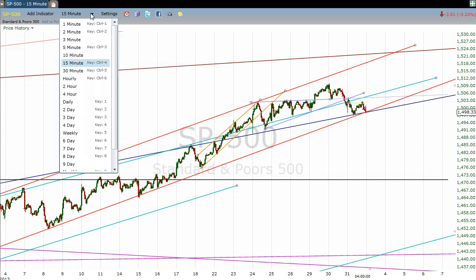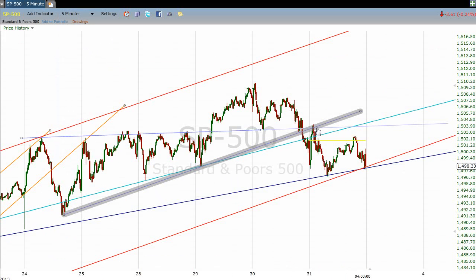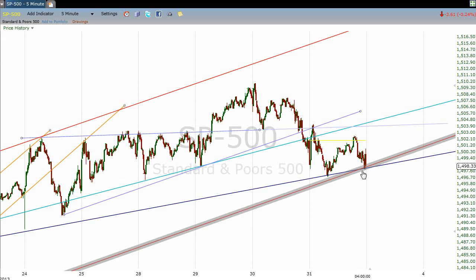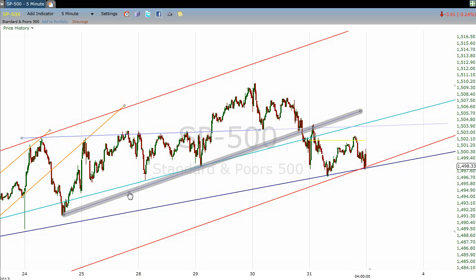Despite the initial strength this morning, we did get that test of that red line, once this pattern failed to meet its target up around 1514. I'm talking about this triangle pattern here between these two blue lines. What a nice little back test.